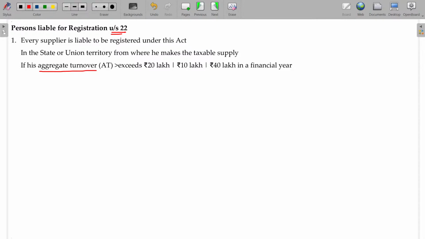All these things will be includable. If this value exceeds 20 lakhs, 10 lakhs or 40 lakhs in any financial year, then automatically you have to register.